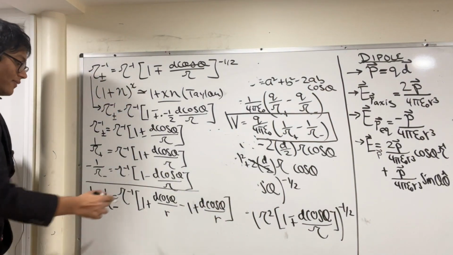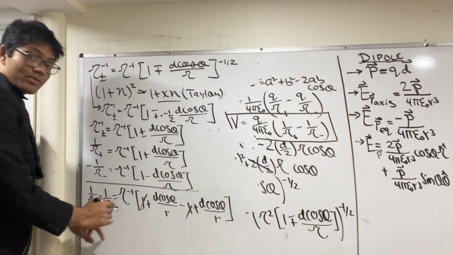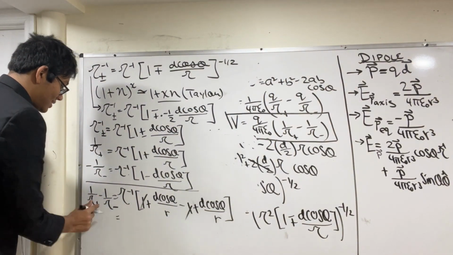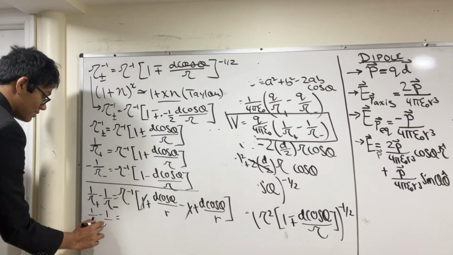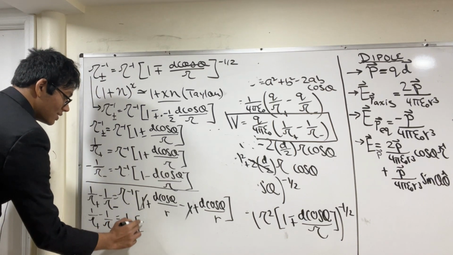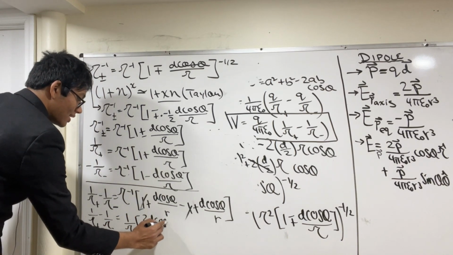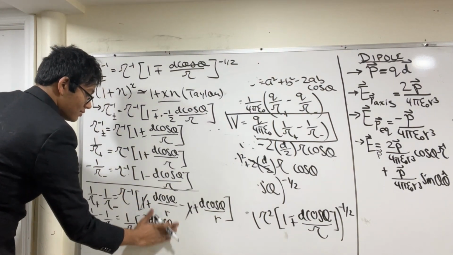Now, what are we going to have? 1 and minus 1 cancel each other out, and so we're left with, what are we left with right here? We're left with the reciprocal of the difference between the distances to the plus or minus charge is 1 over r times 2d cosine theta over r. Whoops, it should be a bracket.